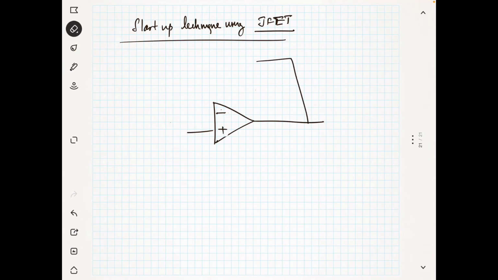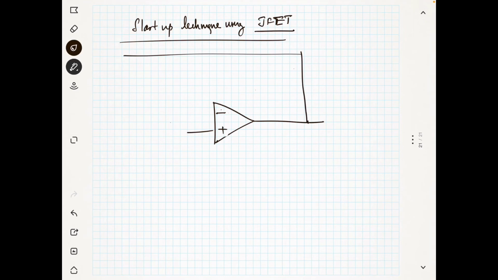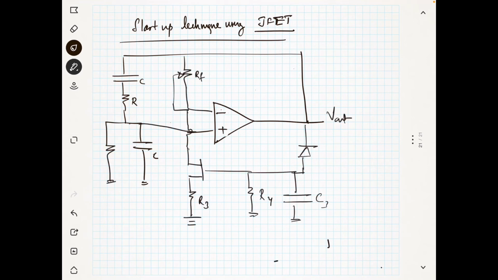Okay. Now I will take the output from here, and I have a positive feedback. So for that I need a series RC and I need a parallel RC, right? Same thing, parallel RC. So this is a part of the feedback. This is the network.